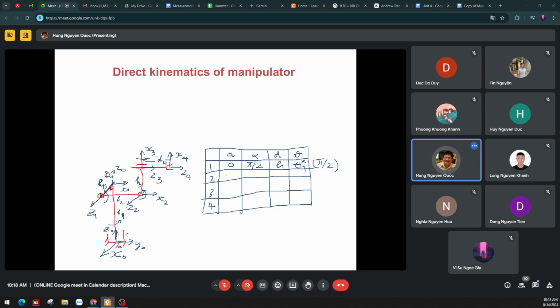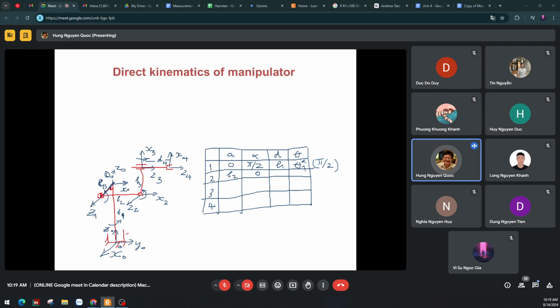The distance between G1 and G2, from here to here, is not L1S, it's L2. Yes, L2. Alpha 2 is the angle between G1 and G2, which is 0 now. It's always 0 because they are always in the same link.